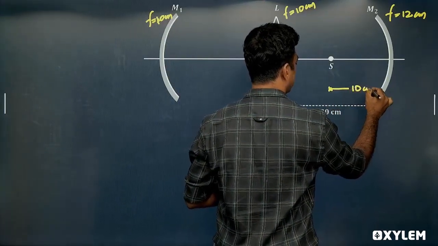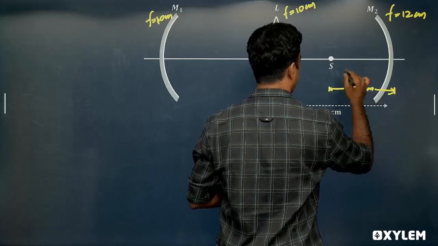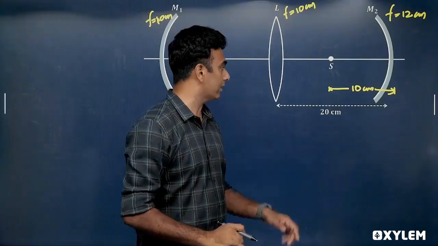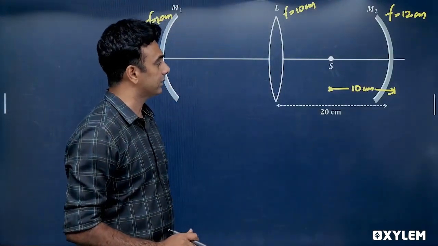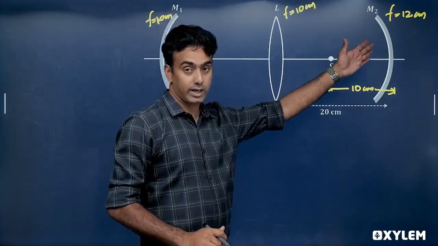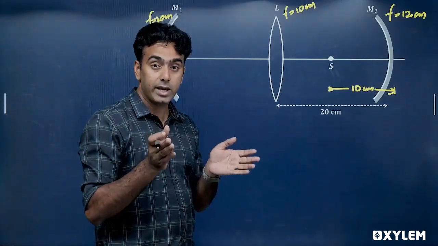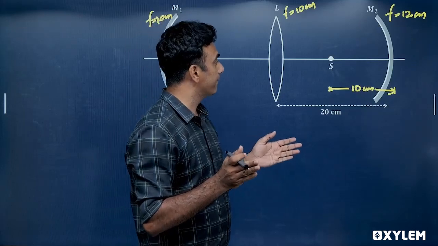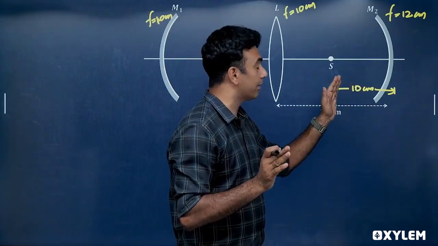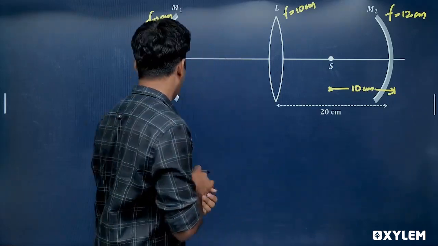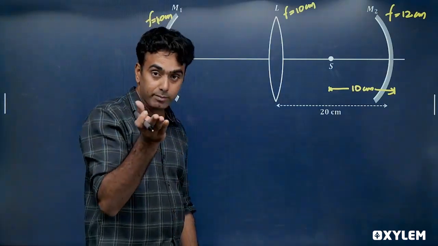As you know, this is 10 centimeter because S is placed at the midpoint of this 20 centimeter. It is given in the question. Therefore, the object distance is 10 centimeter, the focal length is 12, and first of all, we need to find the image position, the image formed by M2 alone.